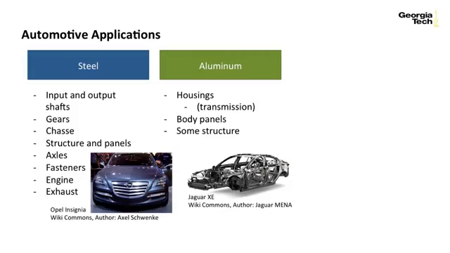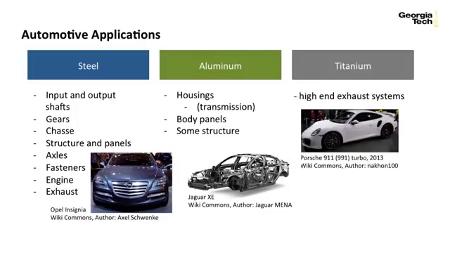The transmission housing might be made out of aluminum, and that's because it's so easy to cast. In some cars we're starting to see aluminum in the body panels and in some structure. This year, 2016, Ford released an F-150 that has a lot more aluminum in it, and that was one of the reasons they were able to cut the weight by almost 700 pounds.